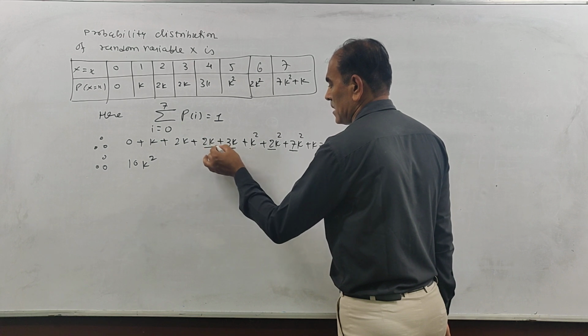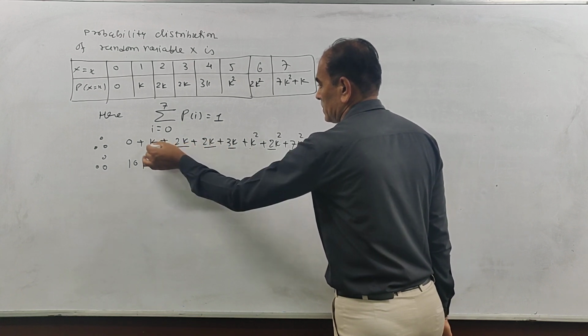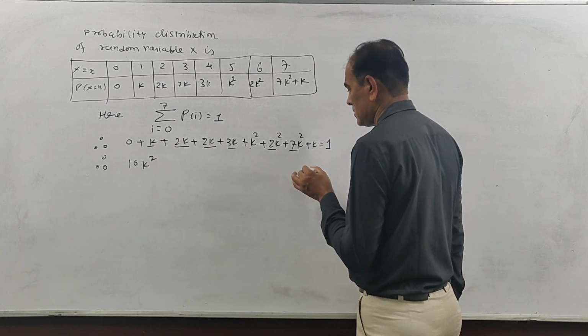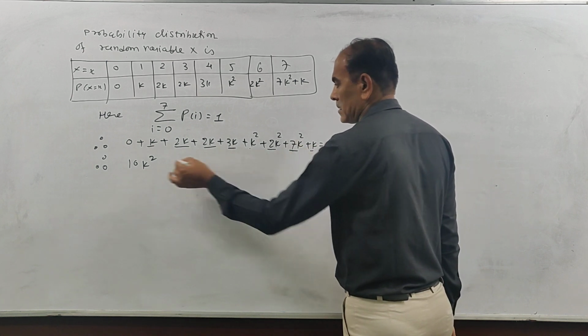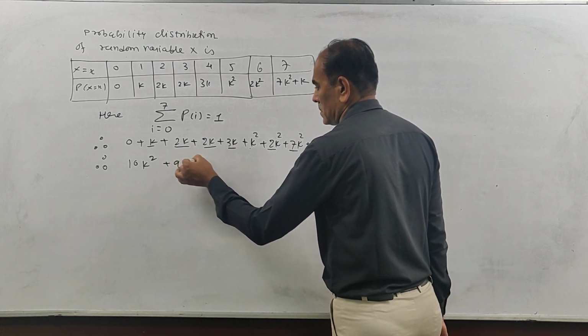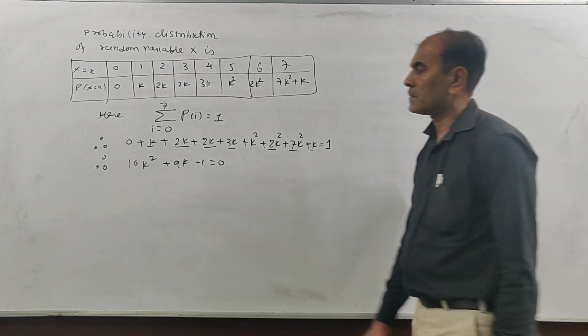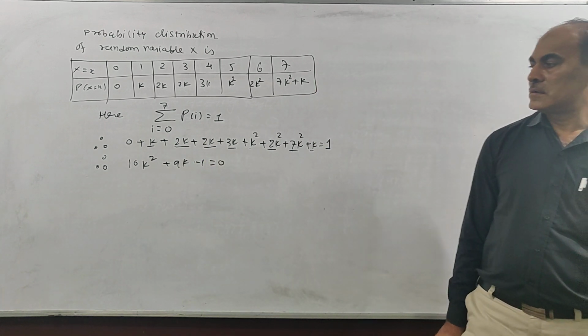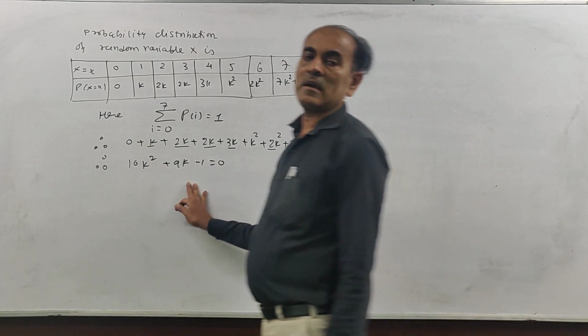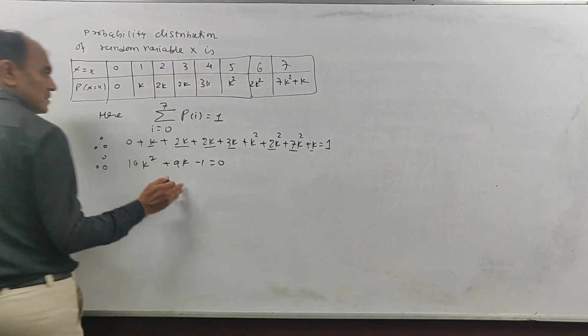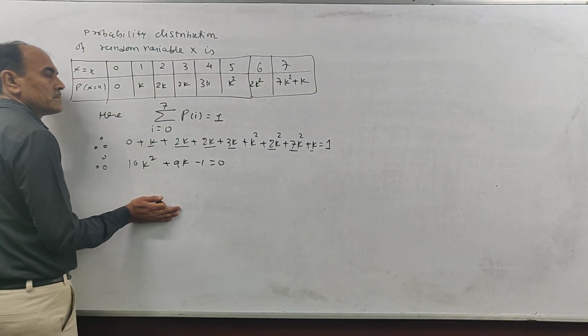Then 3 plus 2 is 5, plus 2 is 7, plus 1 is 8, plus 1 is 9, so 9K. Take minus 1 to this side, equal to 0. So what we get: 10K square plus 9K minus 1 is equal to 0.